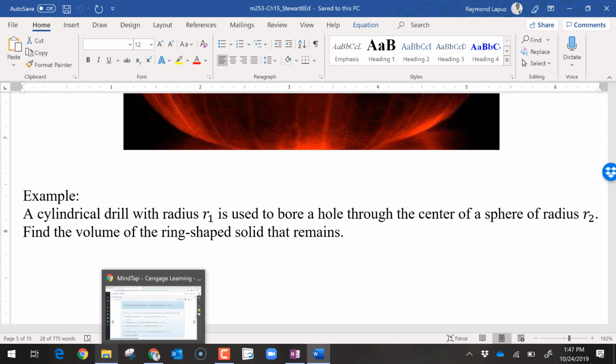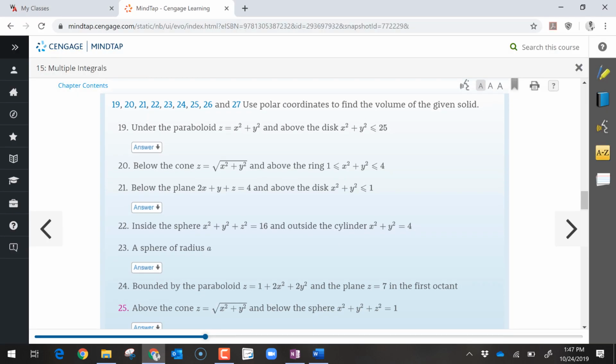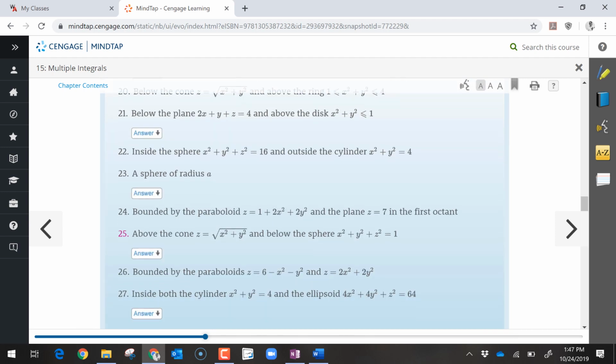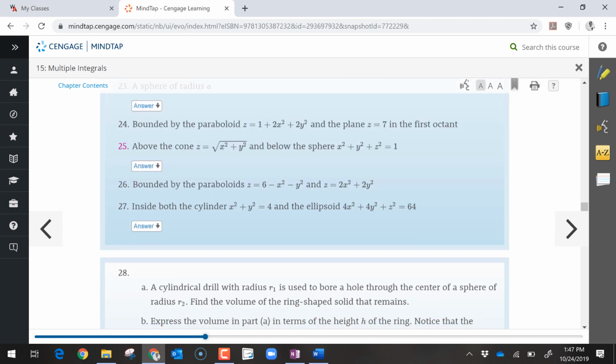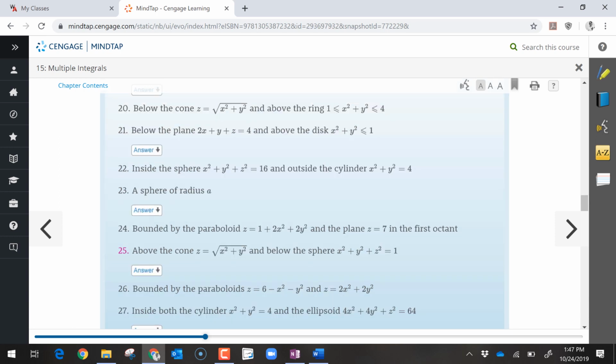Well, putting into polar coordinates makes things really easy. And that is really similar to, oh, I thought I saw it. Inside the sphere and outside the cylinder. Yeah, it's similar to this. Number 22.